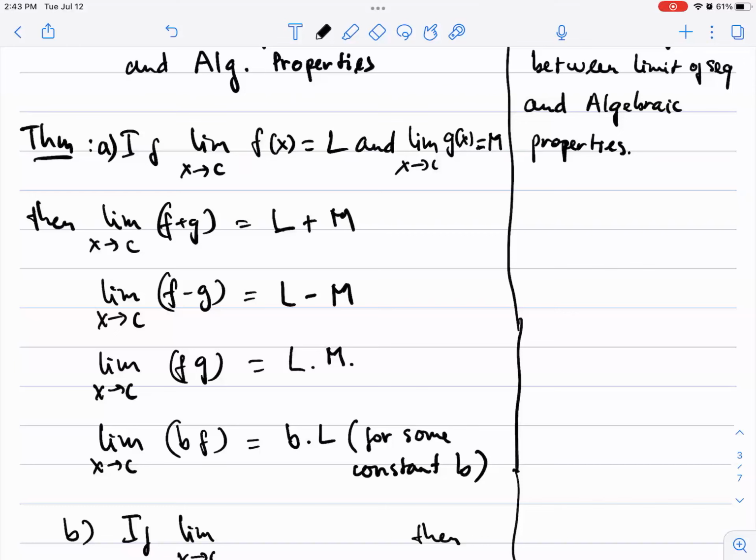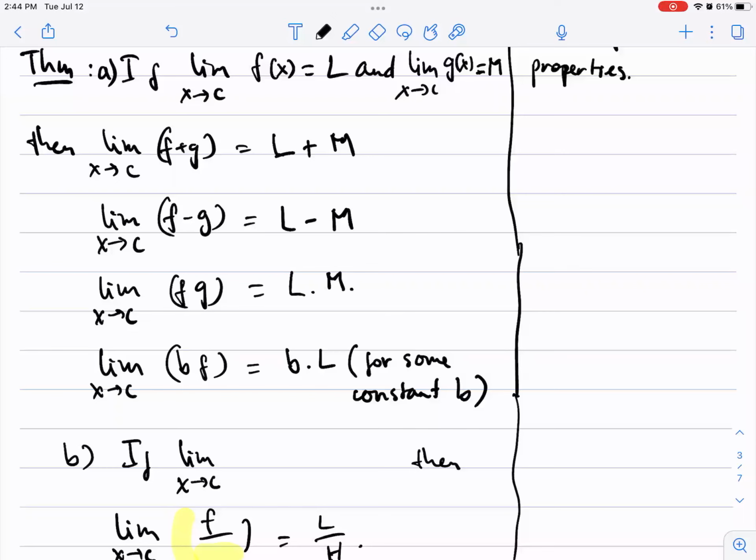On the left hand side, you take the algebraic operation first, f plus g, f minus g, f times g, and so on, and then you take the limit later. On the other side, you take the limit first to obtain L and M, and then you do the algebraic operation on these numbers L and M. That's why it's called the compatibility result for the limit and algebraic operation.